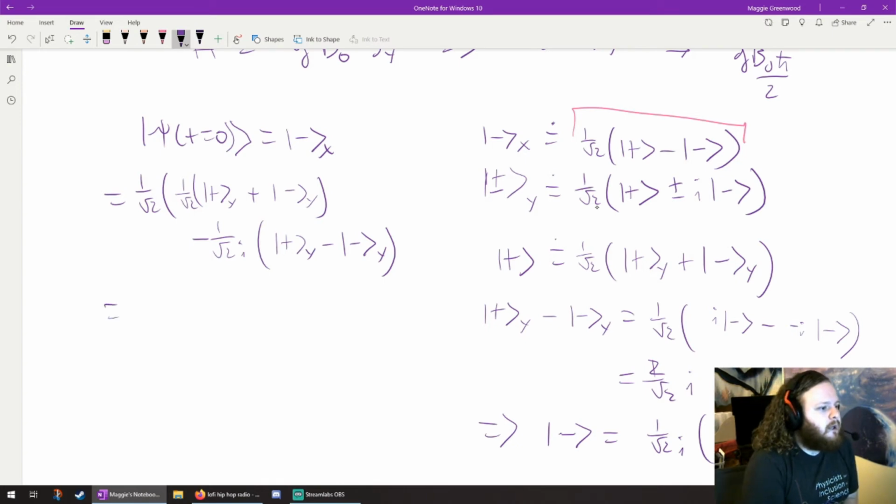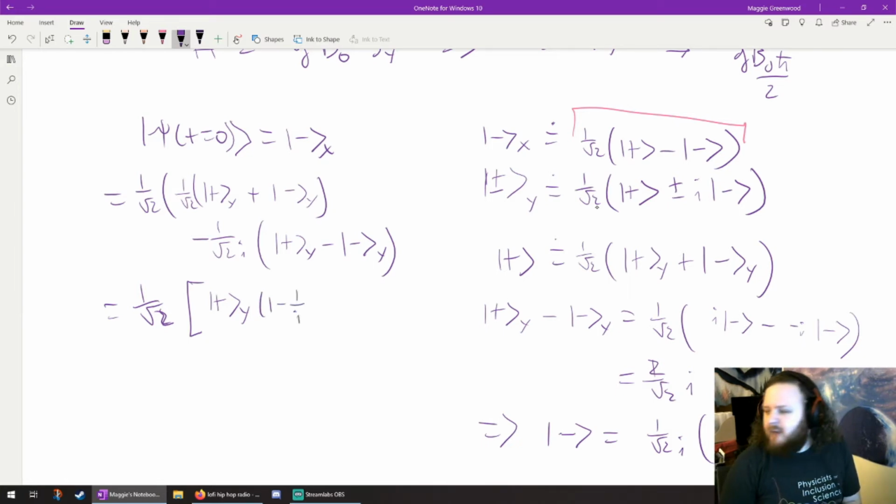So I can factor this to be 1 over root 2 times plus y times 1 minus 1 over i. Oh no, that's bad. So it's plus y, 1 minus 1 over i. 1 over i is minus i, right? So this is really 1 plus i.